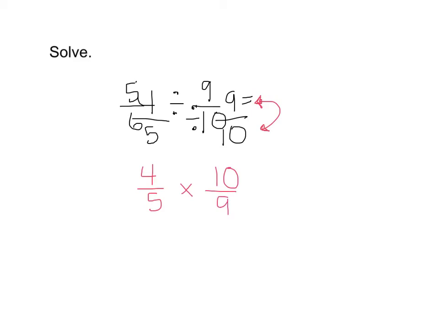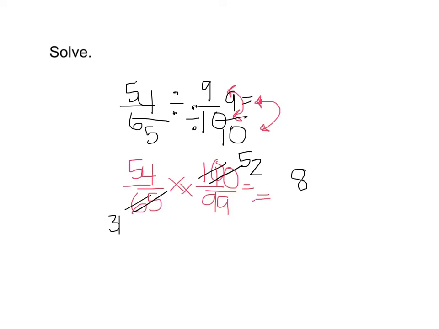Now I'm going to double check to see if I can cross cancel any of my numbers. Right now I can see I can cross cancel this 5 and the 10 because I know 5 goes into 5 and 5 also goes into 10. 5 divided by 5 is 1. 10 divided by 5 is 2. And now I can multiply across the top and the bottom. 4 times 2 is 8.